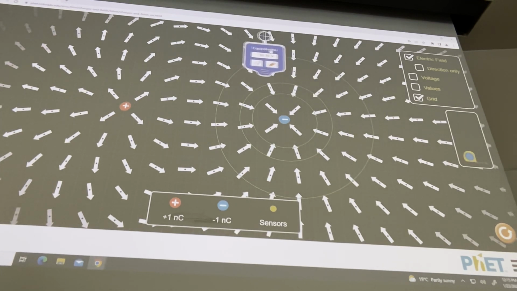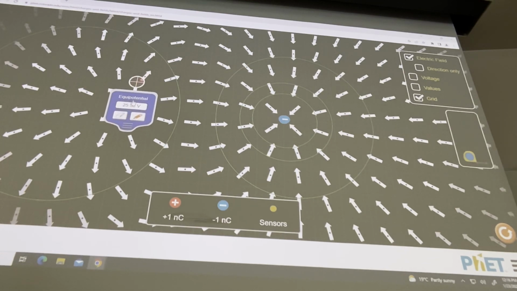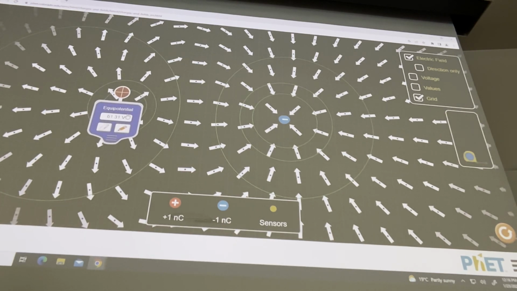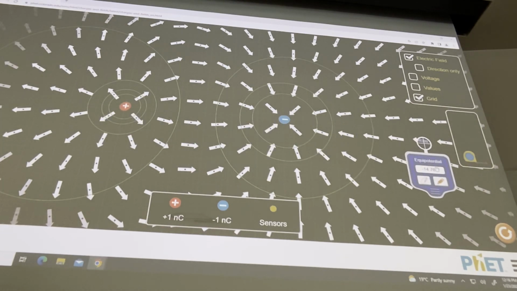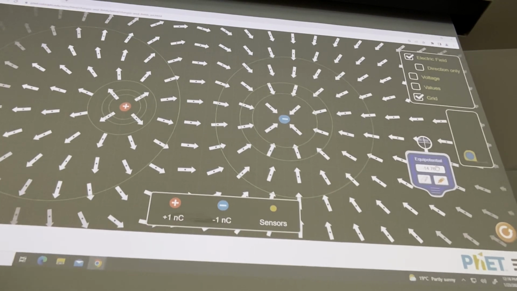Let's see if we can get a 0 in there somewhere. 0, plus 25, plus 75. Okay, so that's kind of what it looks like, and you can use these simulations to help.